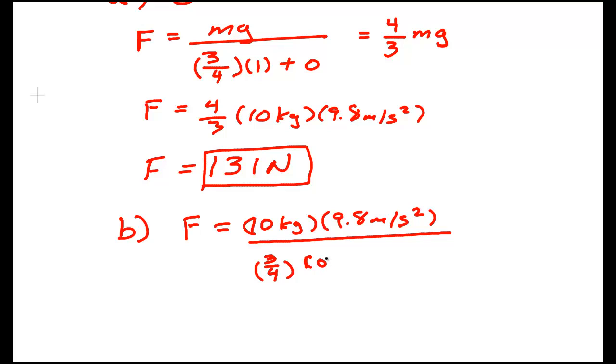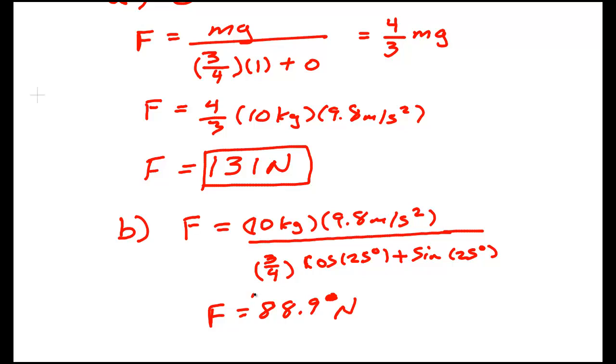So the cosine of 25 degrees plus the sine of 25 degrees. And we put that into our force. And I come with 88.9 newtons. So it takes less force.